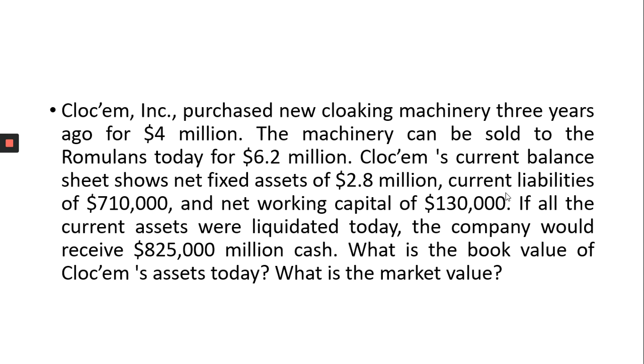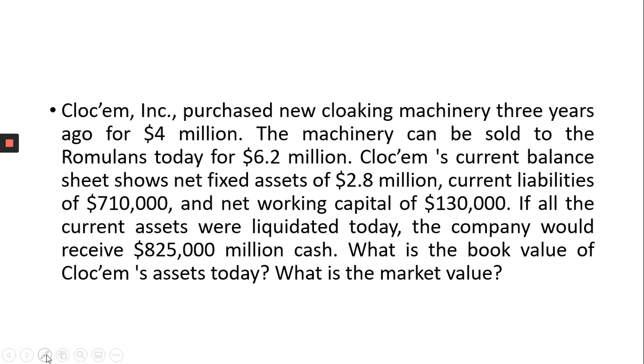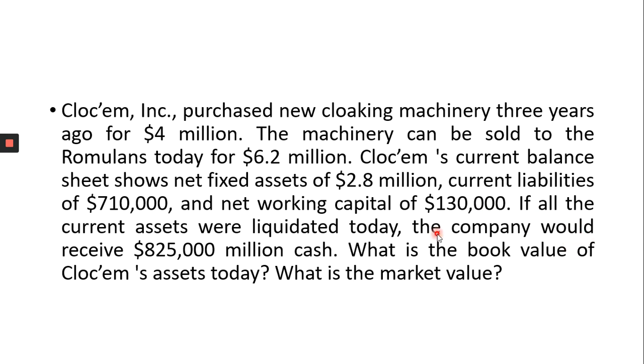It then says that if all the current assets were liquidated today, the company would receive $825,000 cash. Please just forget about the word million. So the question is, what is the book value of this company and what is the market value?